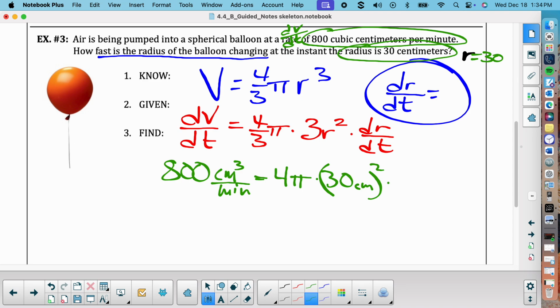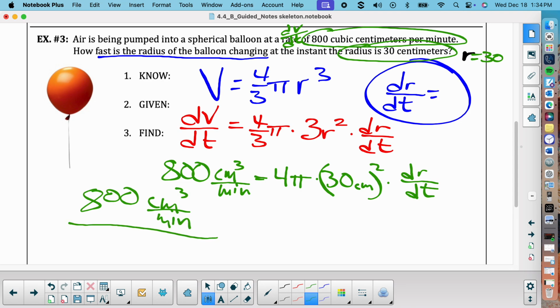dr/dt is what we want for the end of the problem. Okay, so we have 800 cubic centimeters divided by 4 pi times 30 squared is going to be 4 pi times 900, which is going to be 3600 pi square centimeters.